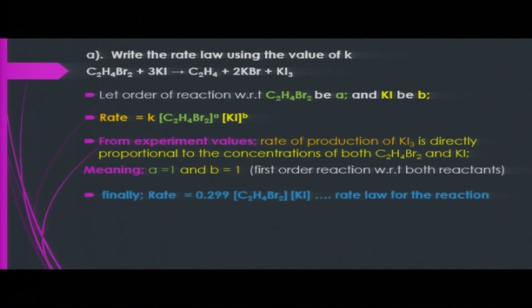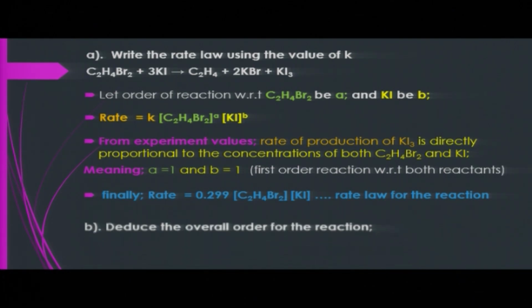Can we just substitute it? Substitute the value of K which you have and the orders that you've obtained. And this becomes the rate law for the reaction. As simple as that. Understanding what is happening. Remember, these numerical values, 1, 2, and 0, they imply how rate changes with concentration.